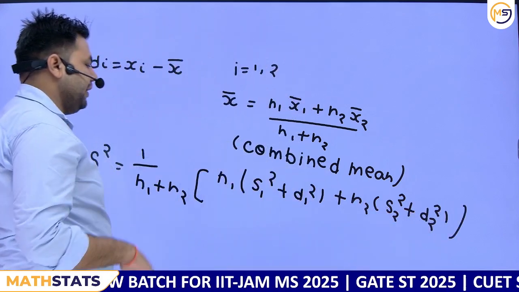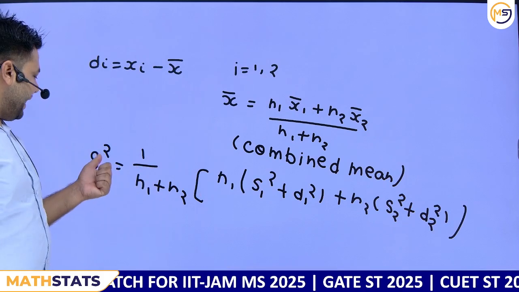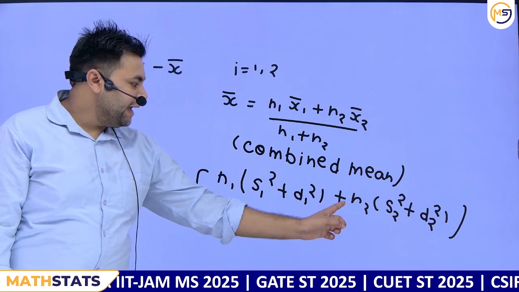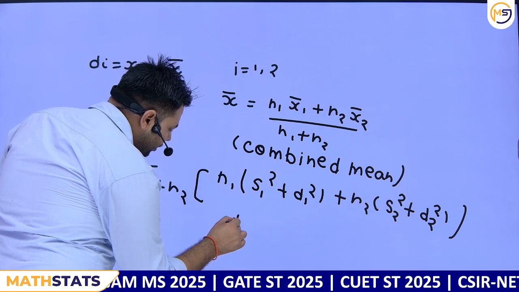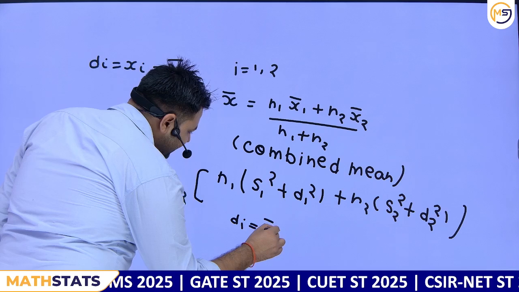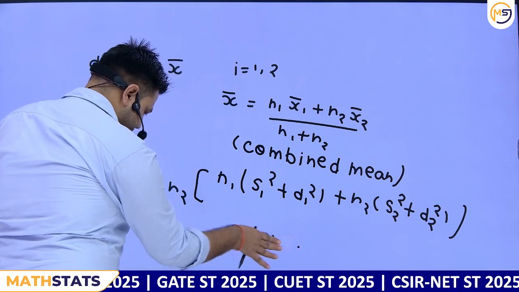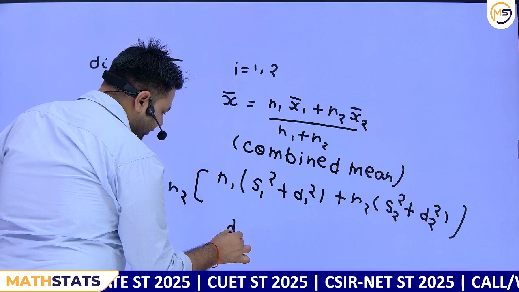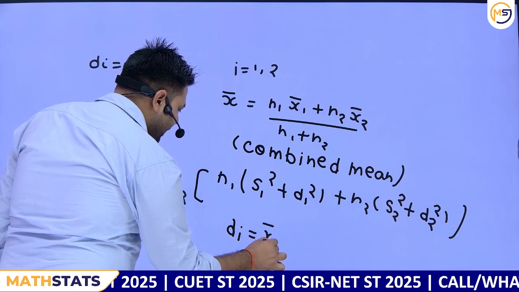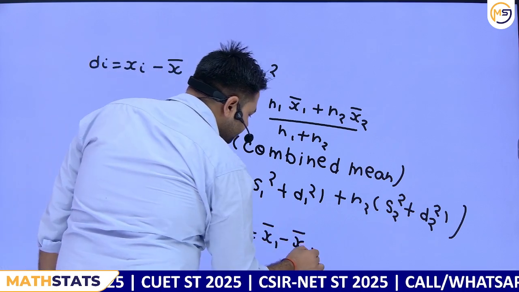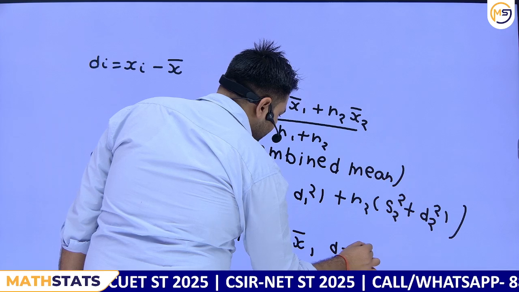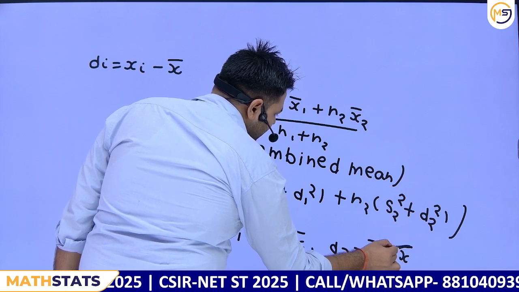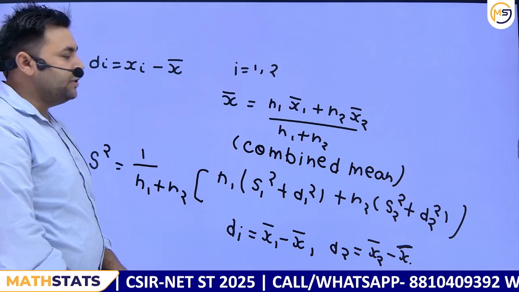So this formula is equivalent: combined variance s square equal to 1 upon n1 plus n2, bracket n1 s1 square plus d1 square and n2 s2 square plus d2 square, where d1 equal to x1 bar minus x bar and d2 equal to x2 bar minus x bar, and this x bar is the combined mean.